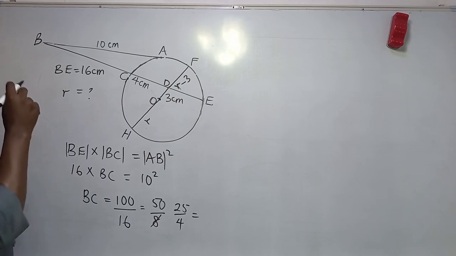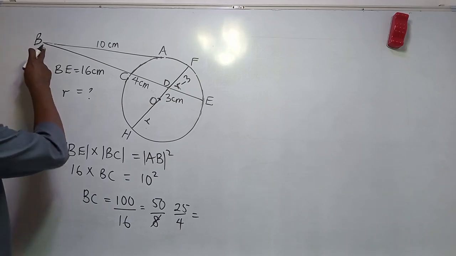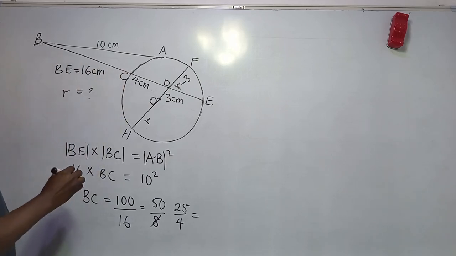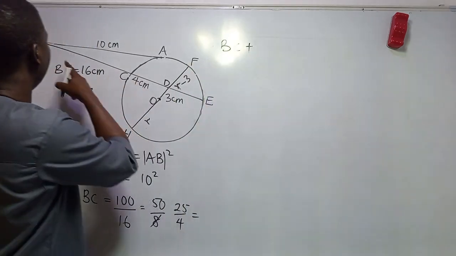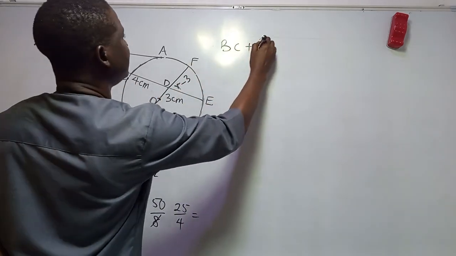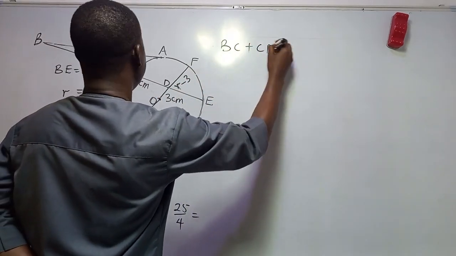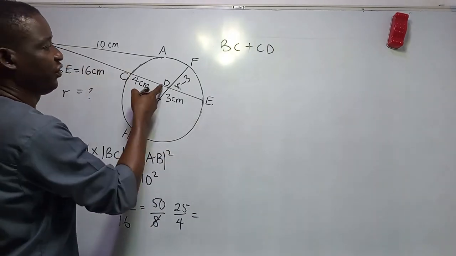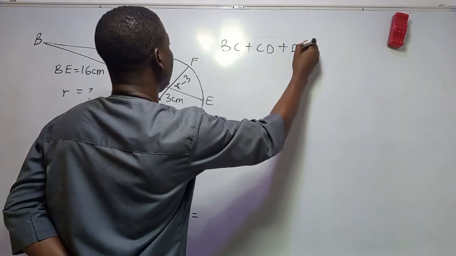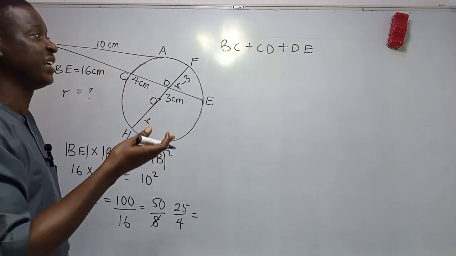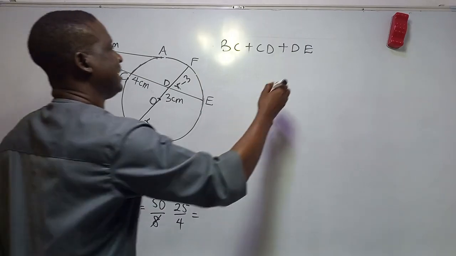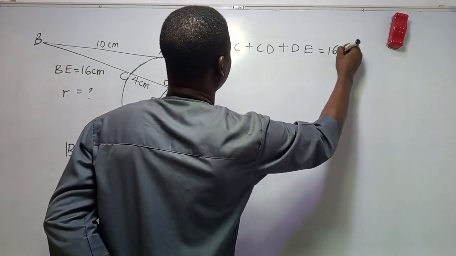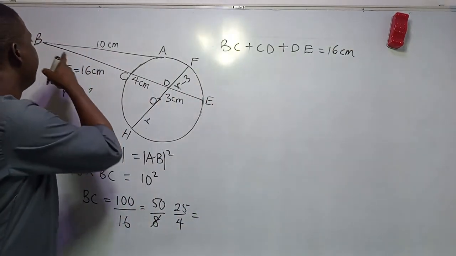Now, the next thing we are going to do, after getting BC as 25 over 4, recall that BC plus CD plus DE makes up the full segment, and that is equal to 16 centimeters.